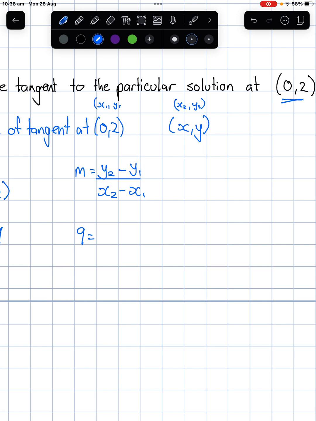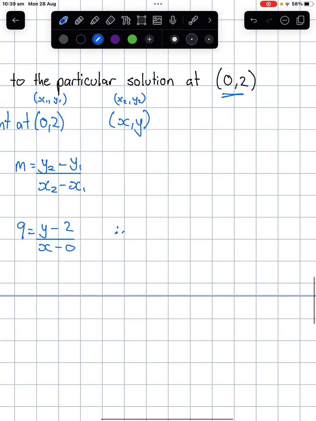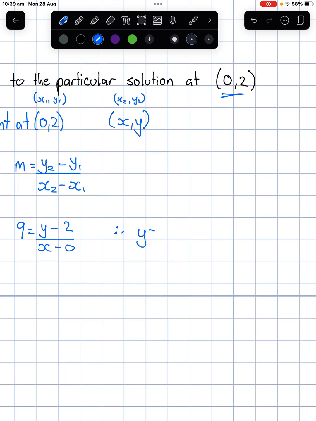So this is just going to be y minus 2 over x minus 0. Therefore, we can quickly rearrange this. We multiply by x on both sides, and then we add 2. We're going to get y equals 9x plus 2. And that's the equation of the tangent.